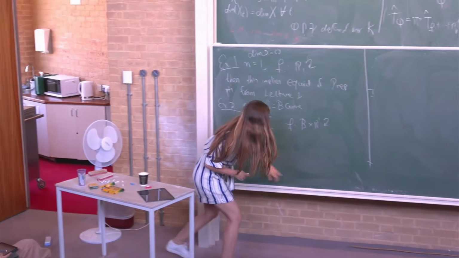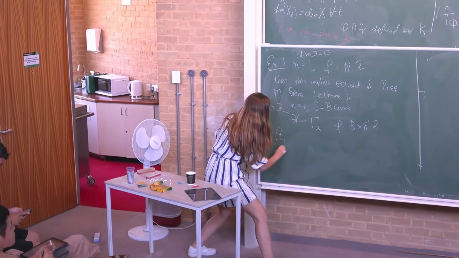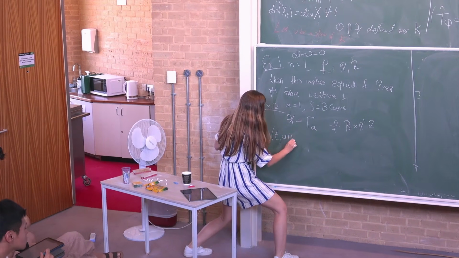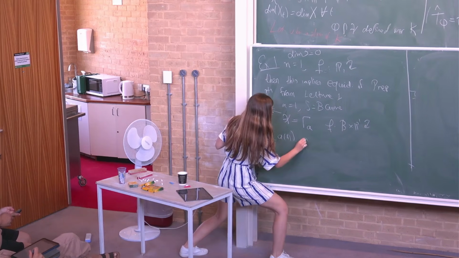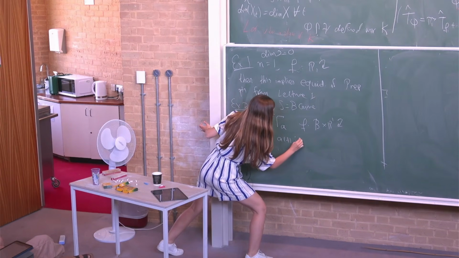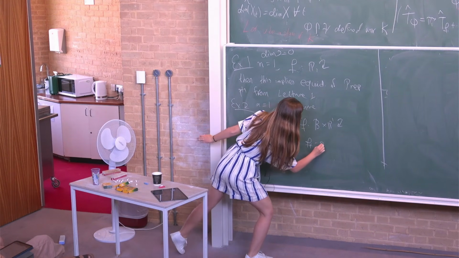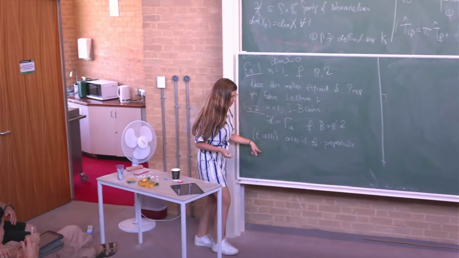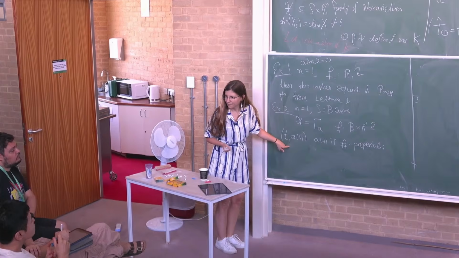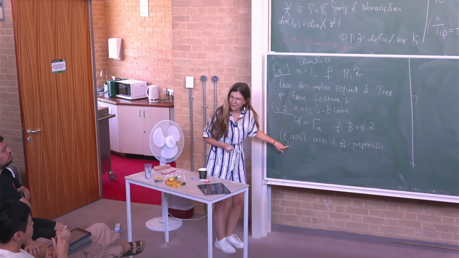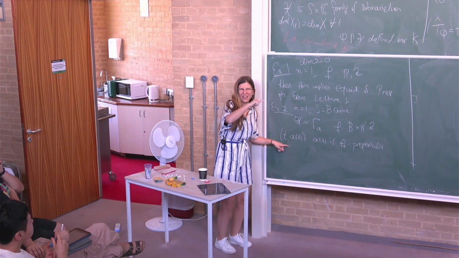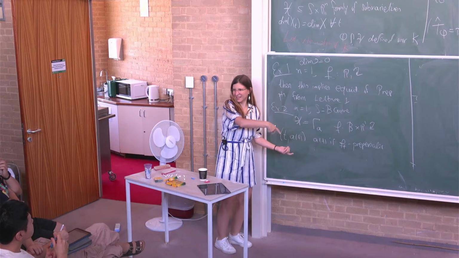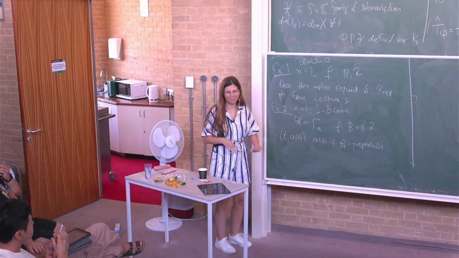Then this theorem is talking about the pairs t, a sub t, such that a sub t is f sub t pre-periodic. So I call them the pre-periodic parameters.